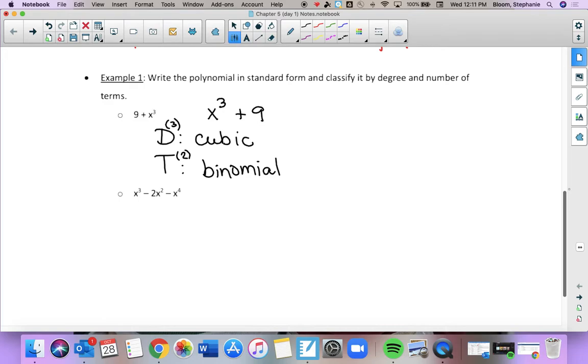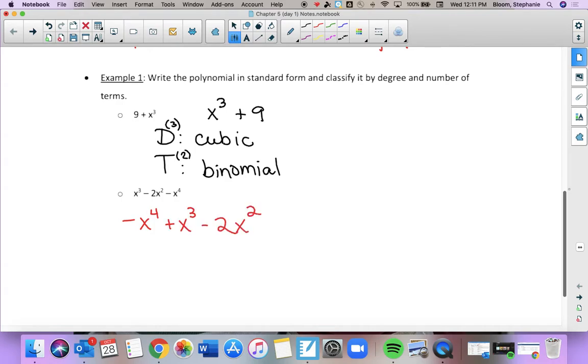All right, let's move to the second one. Who can put this one in standard form for me? In descending order. Somebody new. Good.